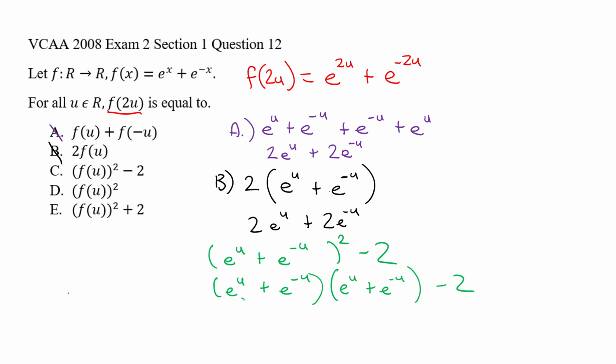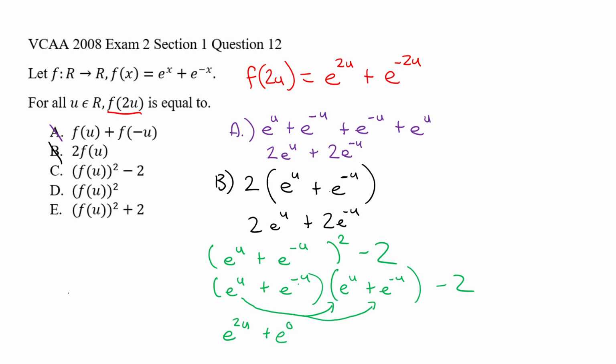So let's look at this: e to the power of u times e to the power of u. Because we're multiplying, we're really just adding the powers together. So that gives me e to the power of 2u. Next one, e to the power of u times e to the power of negative u: u plus negative u is 0, so e to the power of 0.